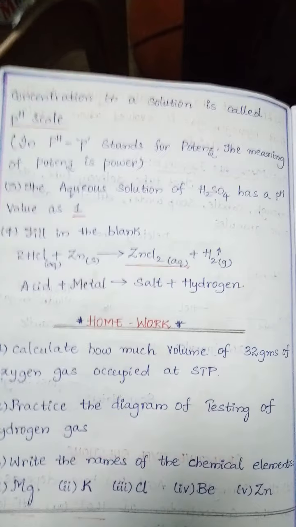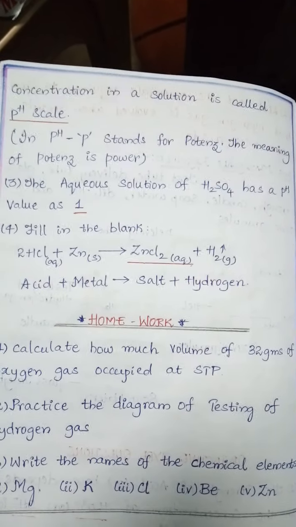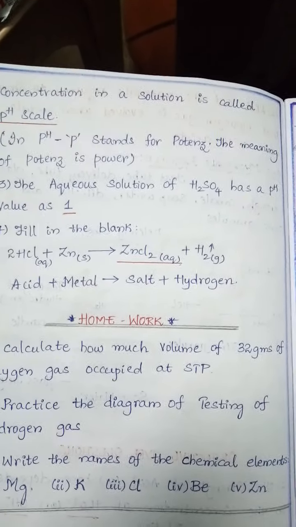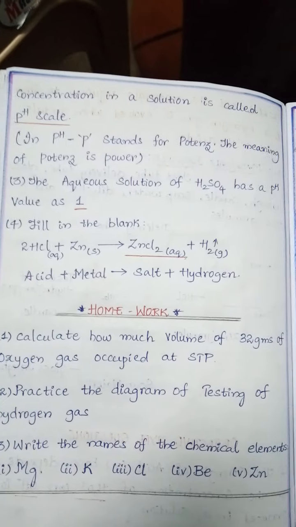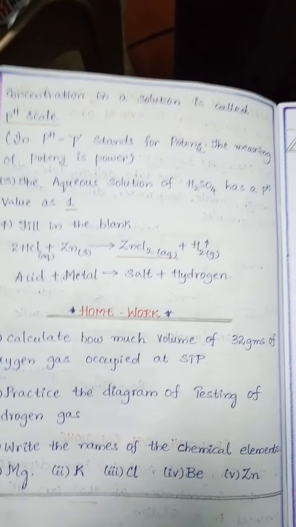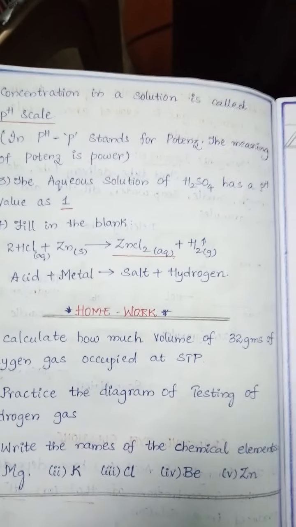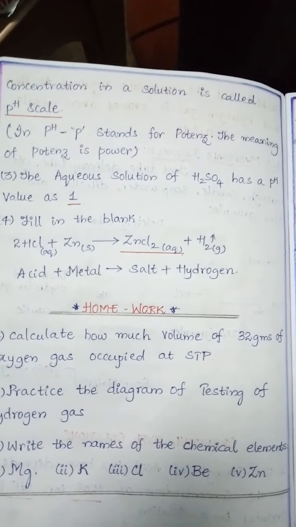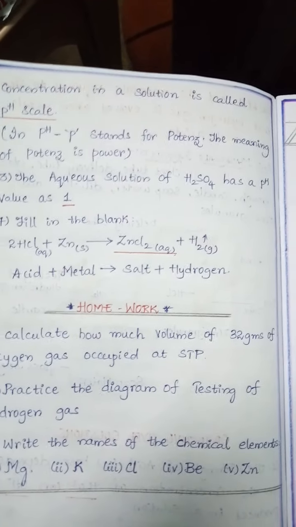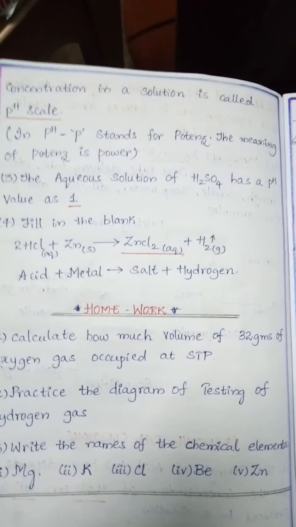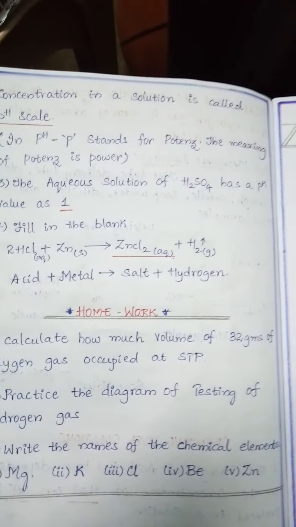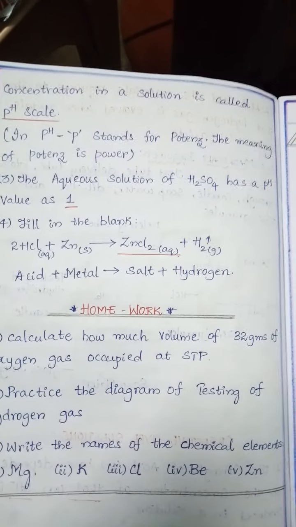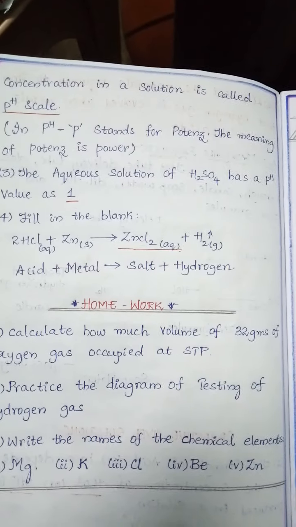Power of hydrogen ions in a solution. Now if we move on to the third bit, the aqueous solution of H2SO4 is nothing but sulfuric acid. The aqueous solution of sulfuric acid has a pH value as dash, that is nothing but 1.